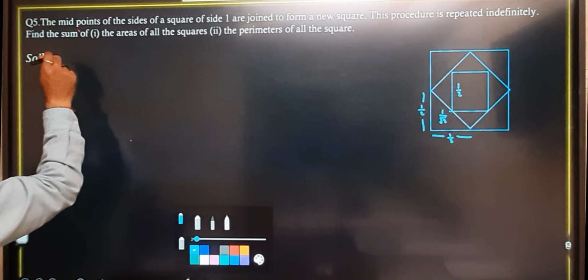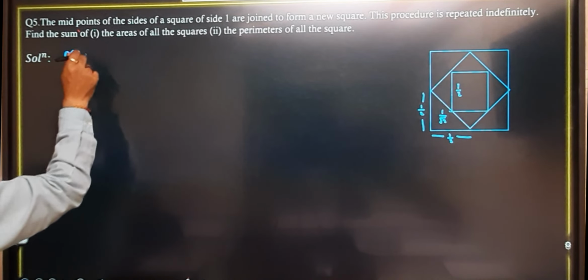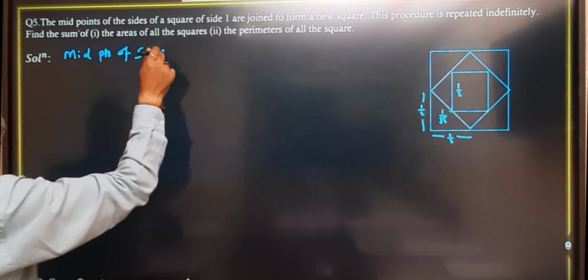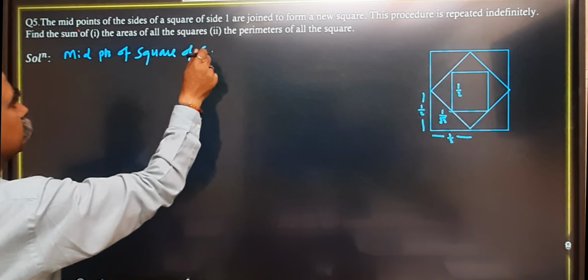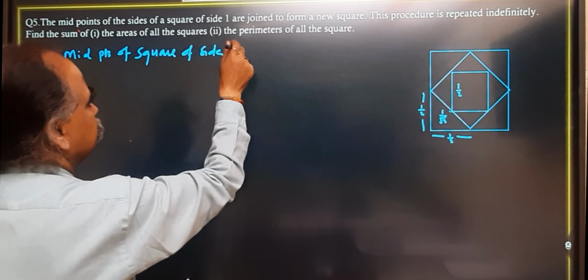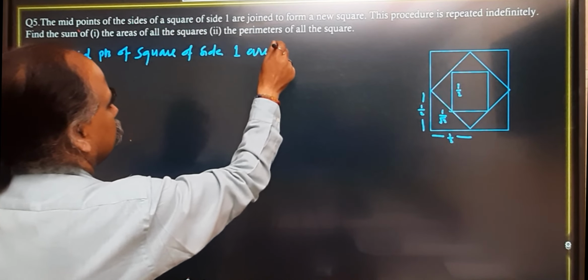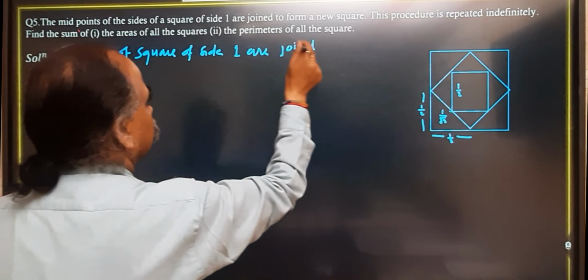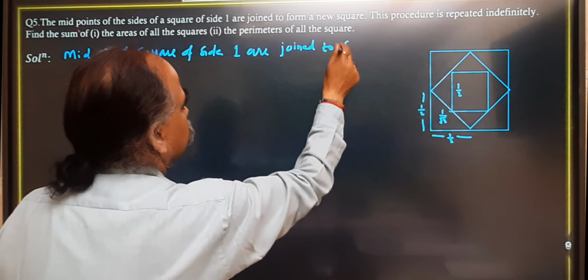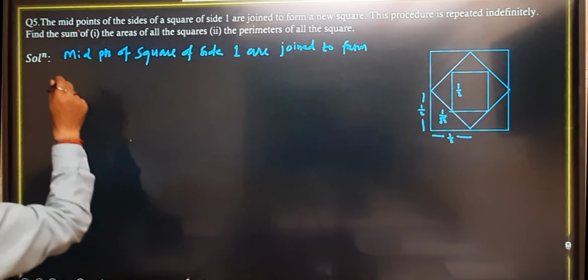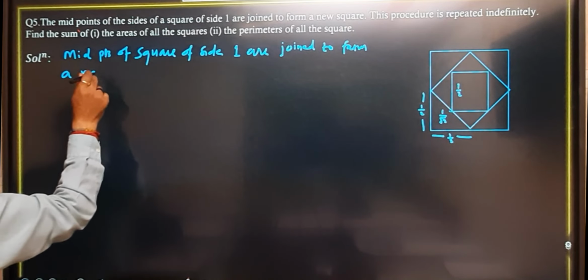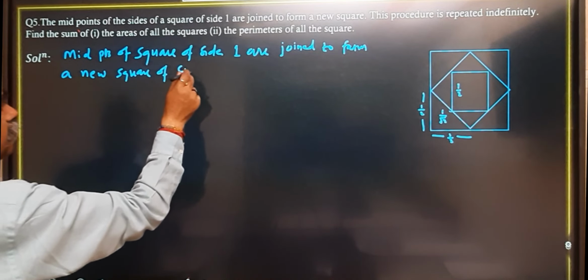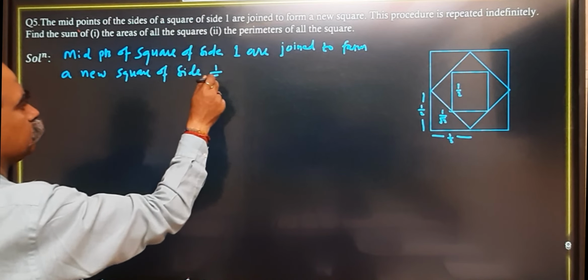So see, midpoints of square of side 1 are joined to form a new square of side 1/√2.